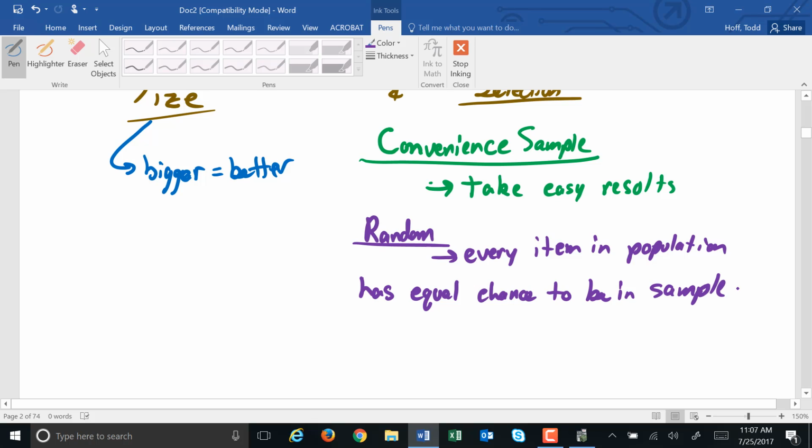Well, if you're standing out in front of your house interviewing or questioning people, does somebody that lives on the other side of the county have much chance of being in that sample? No, not unless they happen to be walking by your house right now. So no, that's not it.